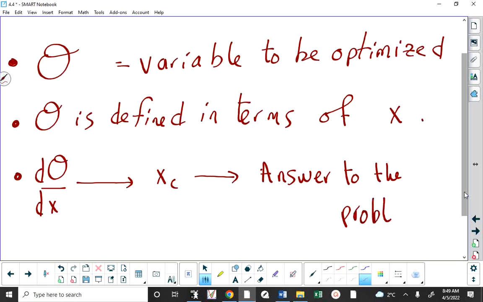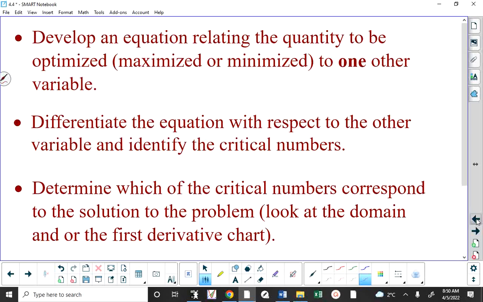And the problem may be that it's just what is the value of X that makes it happen, in which case that's the answer. It may be what is the optimized value of the variable, what is the maximum area, in which case you use that critical value of X along with your function for O to calculate O. I mean, this is it in a nutshell.